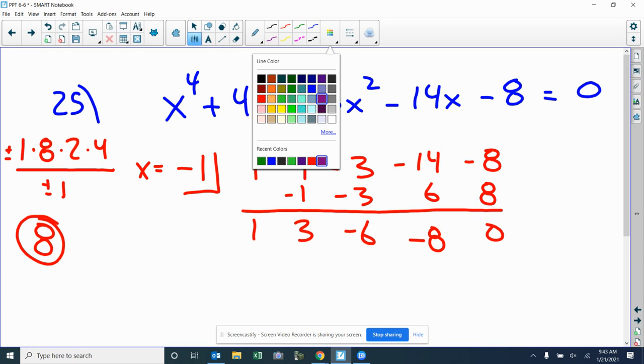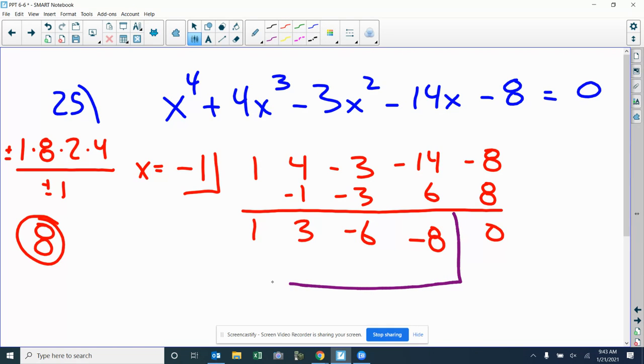Another guess, someone? What'd you say? -4. So 1 comes down, that gives me -4, which would give me -1, and that would give me +4, which would give me -2, which would give me +8.